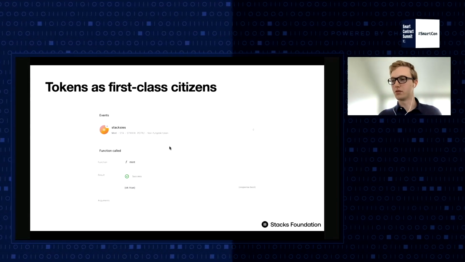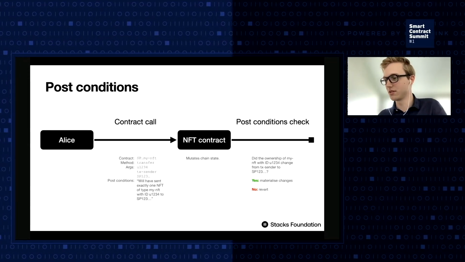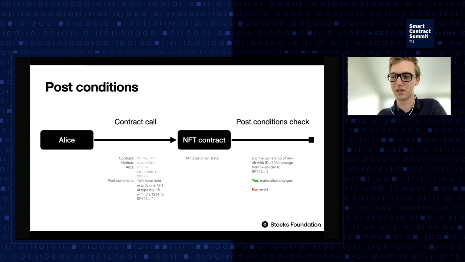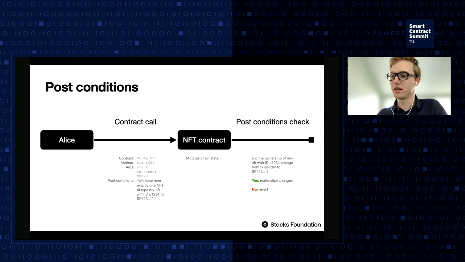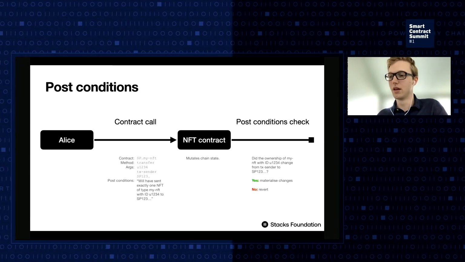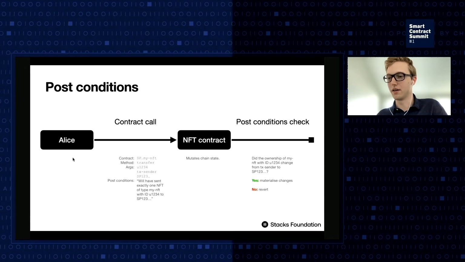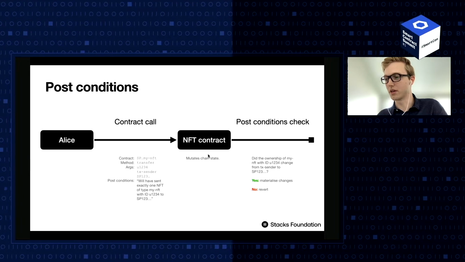Another upside to tokens being first-class citizens is the concept of post-conditions. This is something that I haven't really seen in the same way on any different project before. But the idea is honestly quite simple, but very, very powerful. So imagine that there's a user, Alice, that is going to do a contract call to a particular NFT contract.